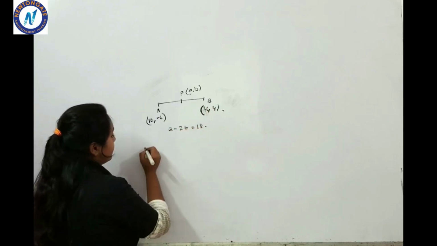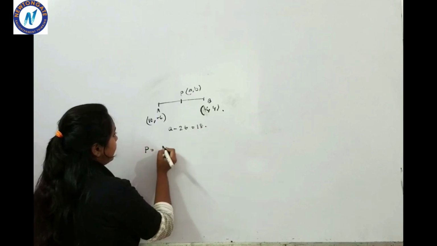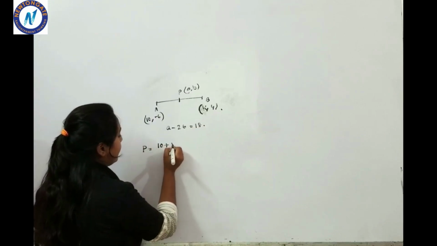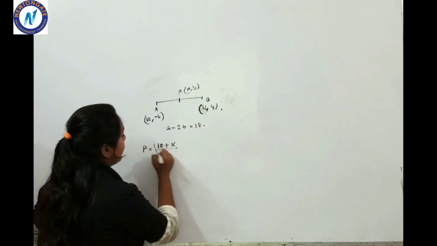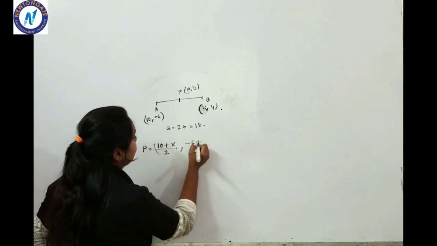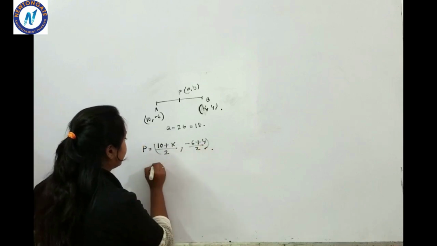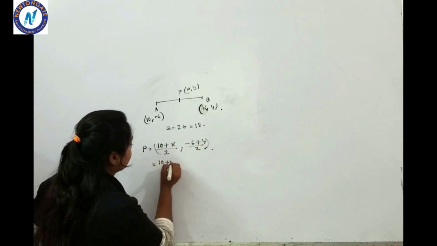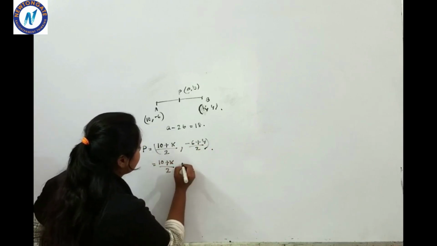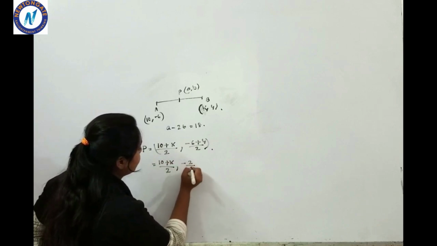We know the coordinate of P is (10 plus k by 2, minus 6 plus 4 by 2). That gives (10 plus k by 2) and minus 2 by 2.